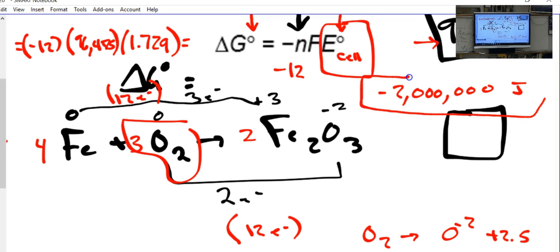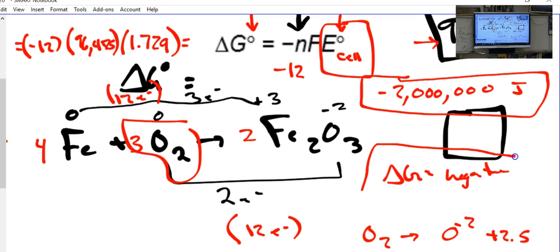What does that mean? Well, delta G negative means it is spontaneous. Which, once again, does iron rust? Yeah, we know it does. It takes time, but it definitely rusts.